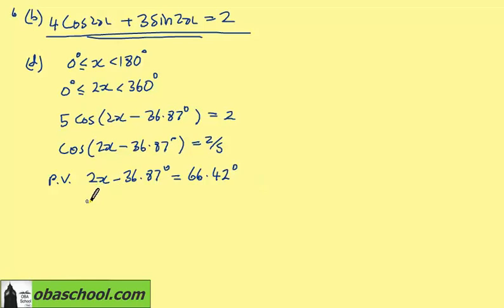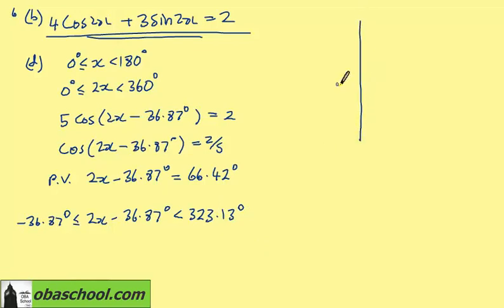We're looking for solutions to 2x minus 36.87. So from here, 2x take away 36.87, we need to look for solutions between minus 36.87 degrees and 360 take away 36.87, which is 323.13 degrees. We can now use a CAST diagram.